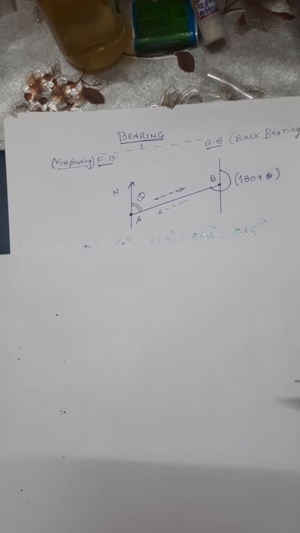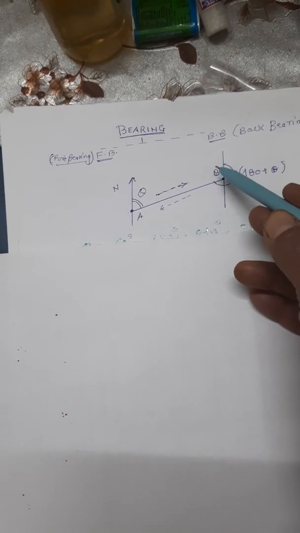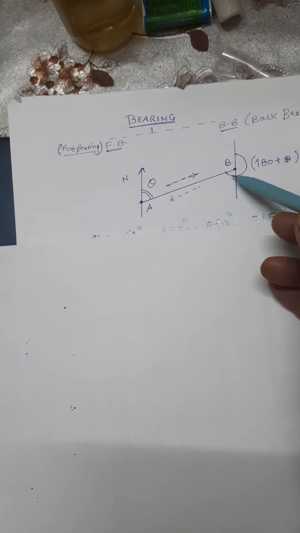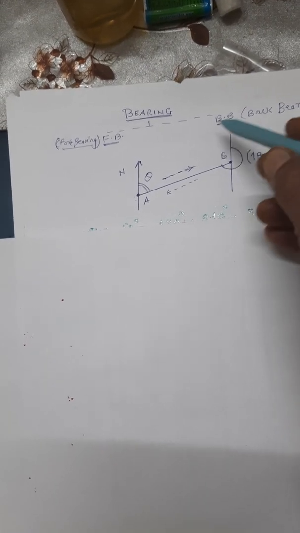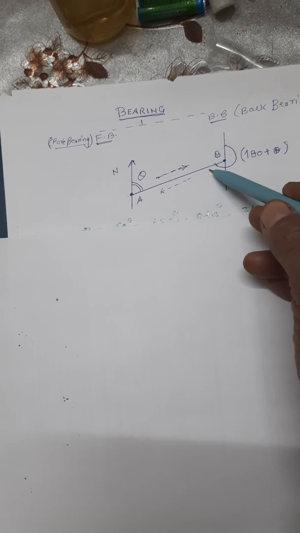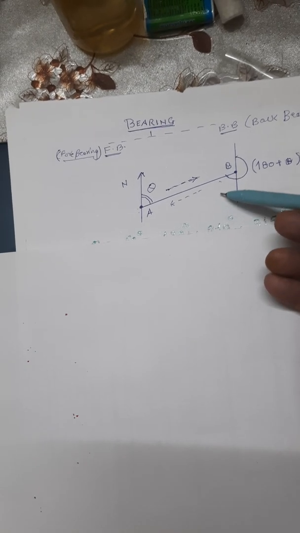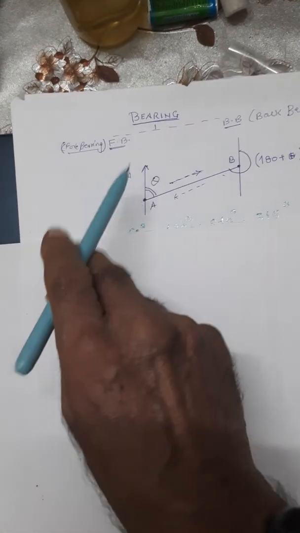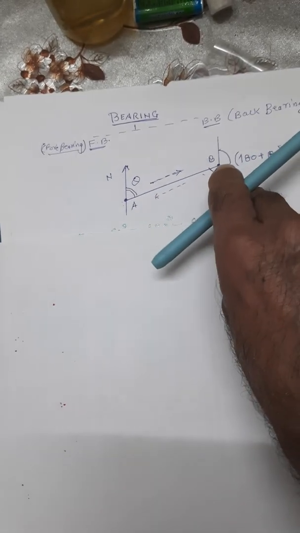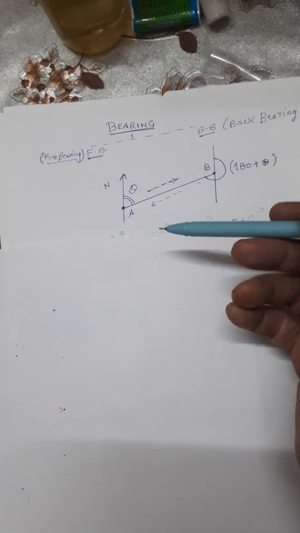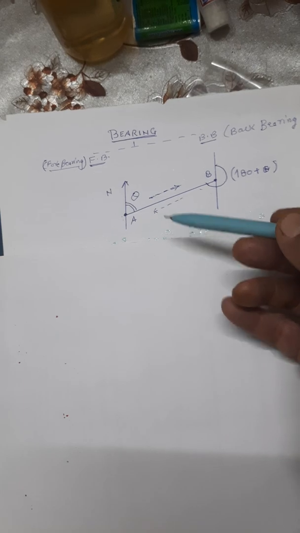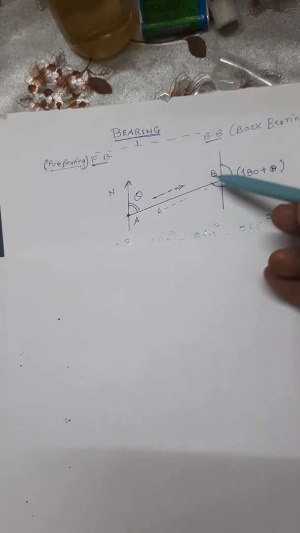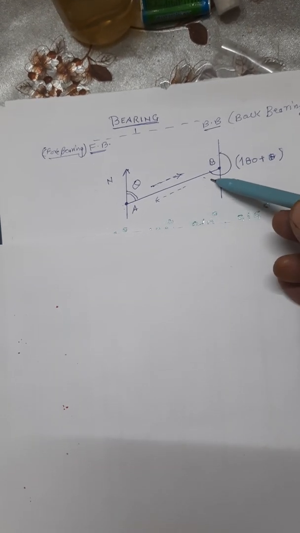But when we talk in terms of this angle, again it is clockwise, but going in the opposite direction, not in the direction of the progress of the work, then we call this the back bearing of AB taken from here.